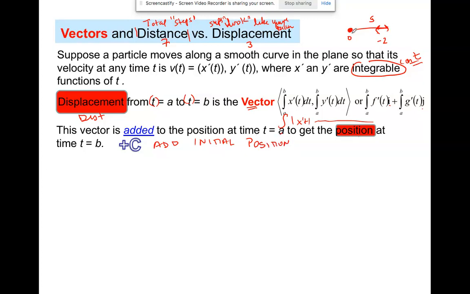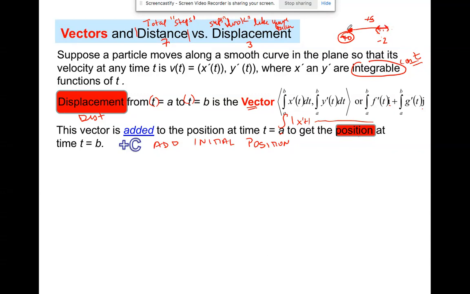Where were you at the first time? So for instance, up here, when I said, let's suppose I started at 0 and I went 5 steps to the right and then 2 steps back, it looks like I was at 3. But what if I told you I started at 10? Sure, I went 5. I still traveled 7 steps, and it still looks like I only took 3 steps. But where did I end? Because I started at 10, I would have gone to 15 and then back to 13.